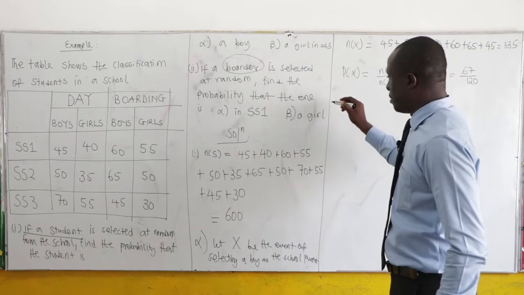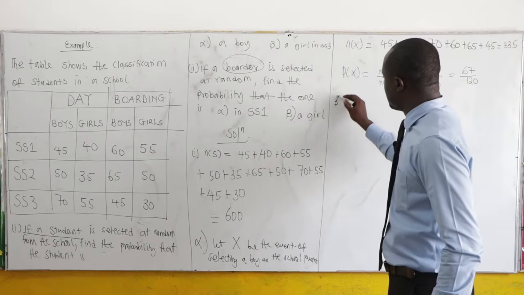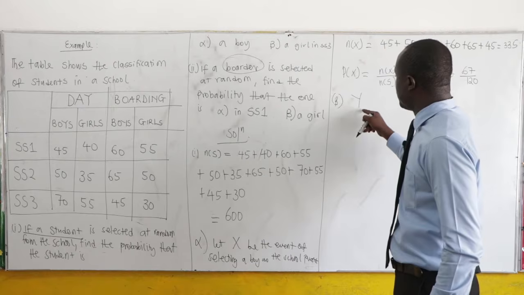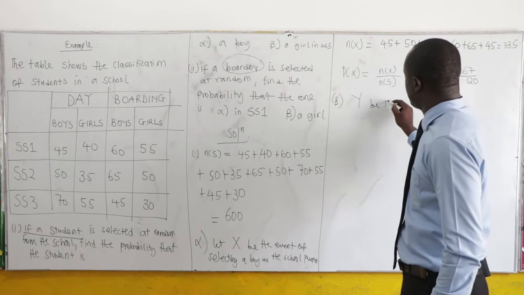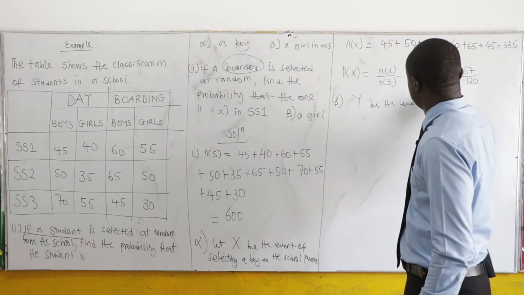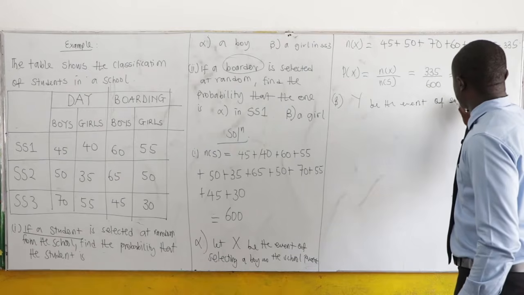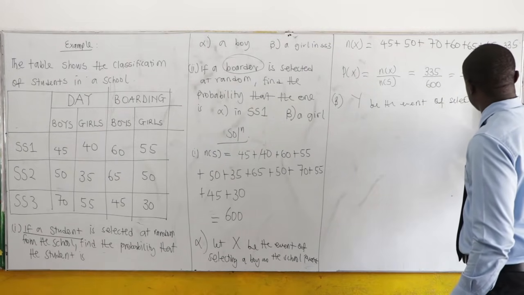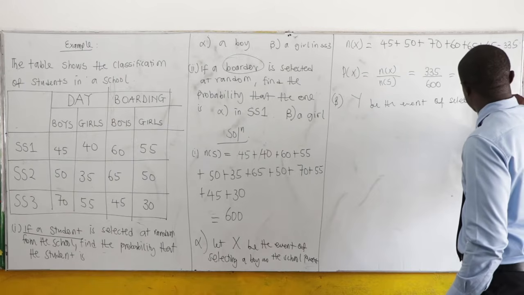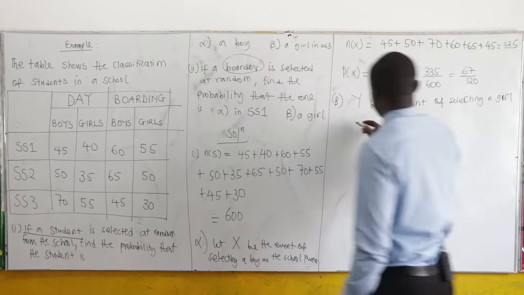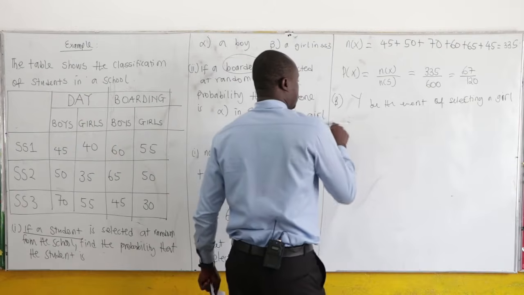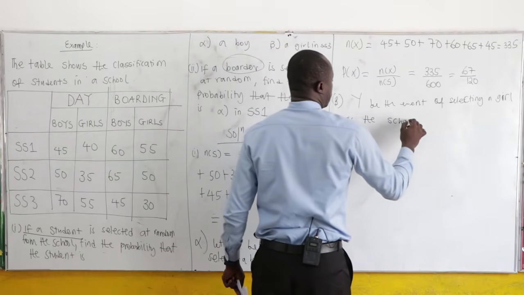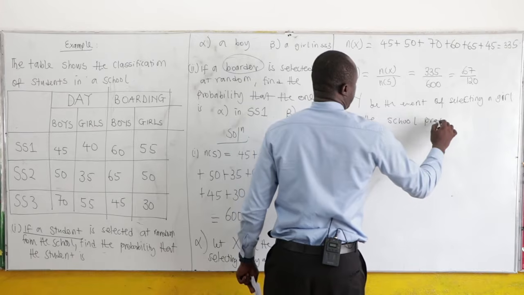Now, let's see the second one. It says a girl. So you can say that let Y be the event of selecting a girl as the school prefect.